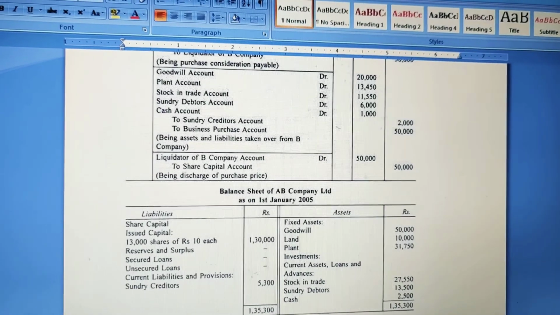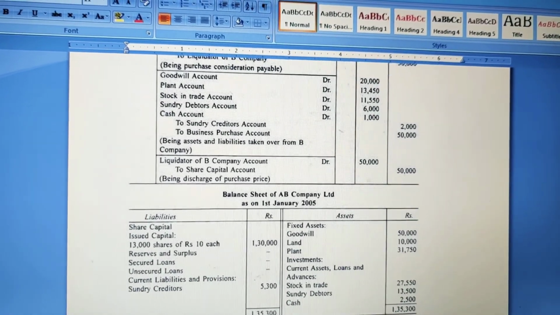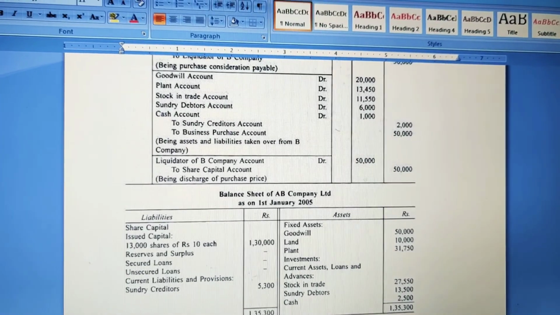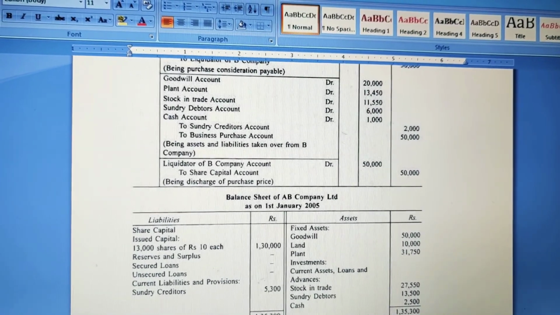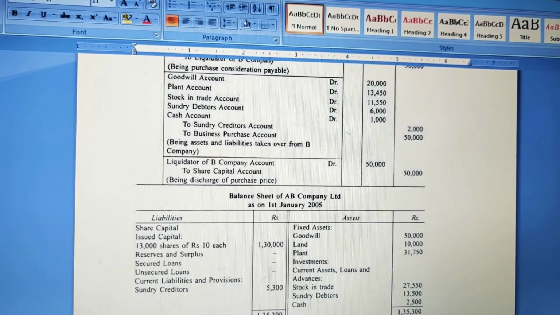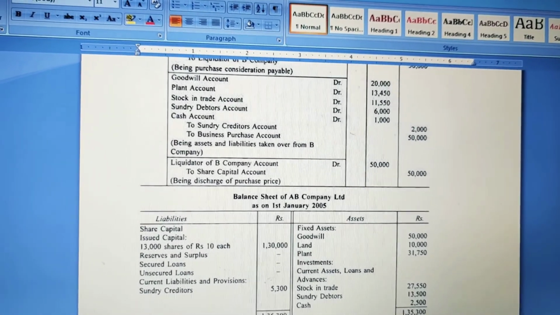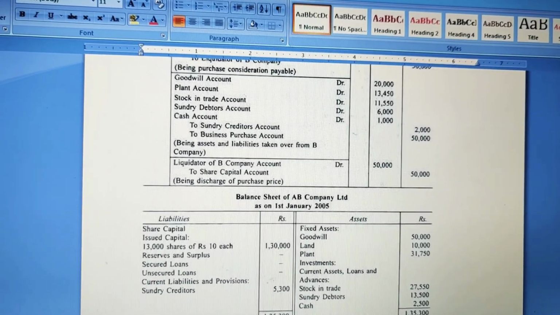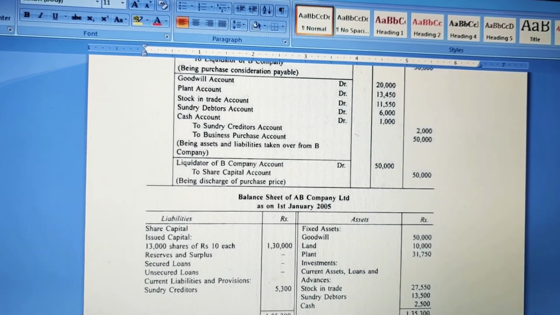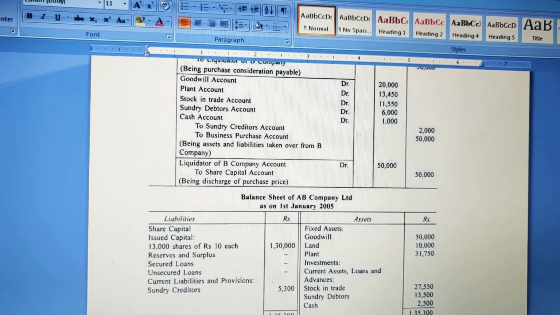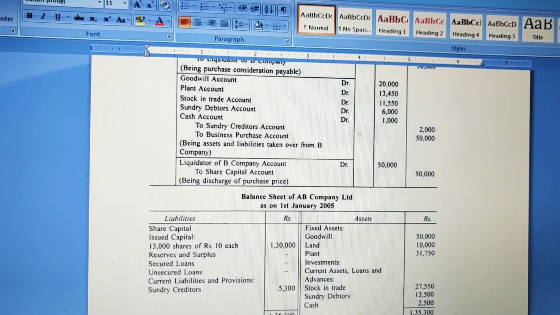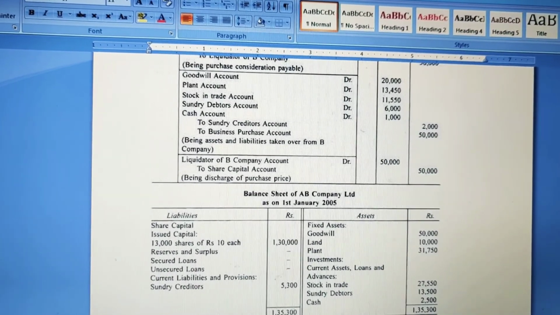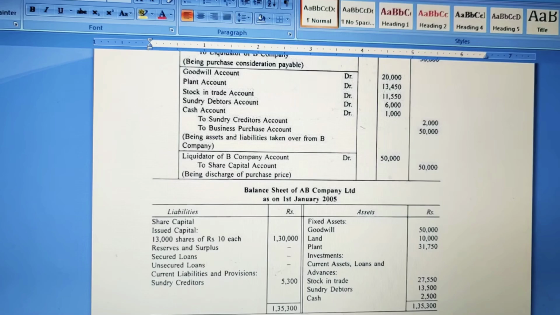Land is not given in B, but in the books of A, the land amount was 10,000, so you will write 10,000. Similarly, plant account 13,450, so add it with the plant amount of A company and you will get 31,750. Similarly, investments, current assets, loans and advances, you will add stock, sundry debtors, cash, and write the total amount, the added amount.